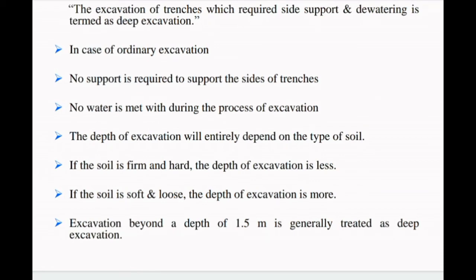If the soil is firm and hard, the depth of excavation is somewhat less. If the soil is loose and soft, the depth of excavation will be more. An excavation beyond a depth of 1.5 meters is generally treated as a deep excavation. If the depth is somewhat below 1.5 meters, it will not be treated as a deep excavation.